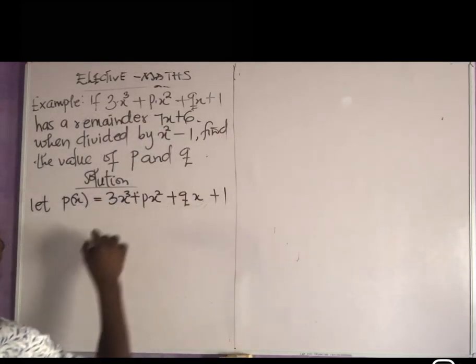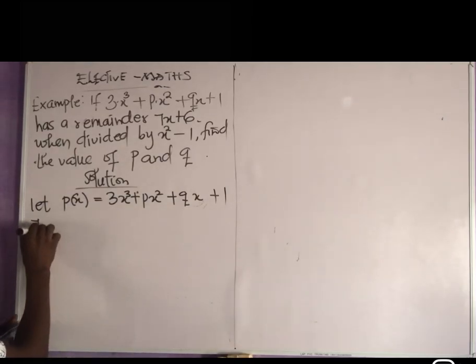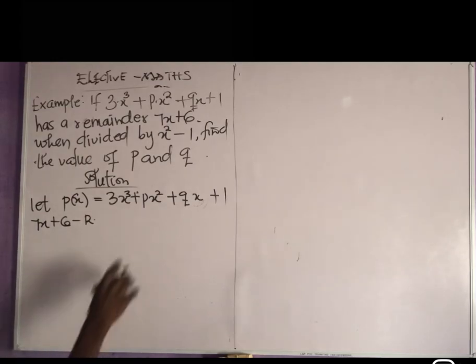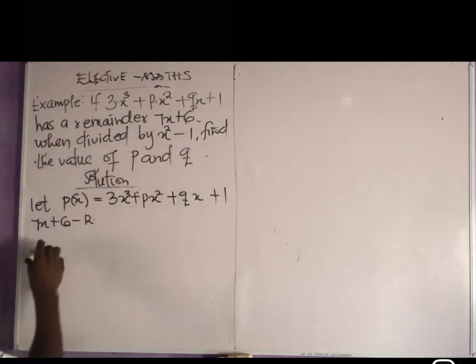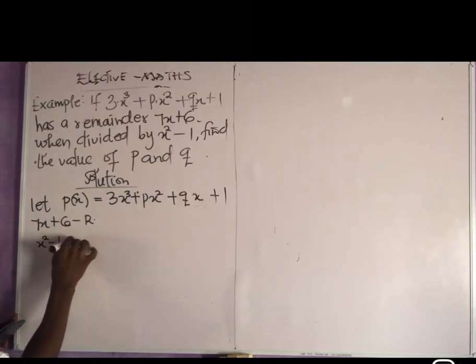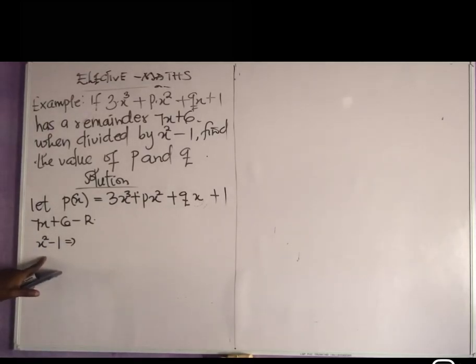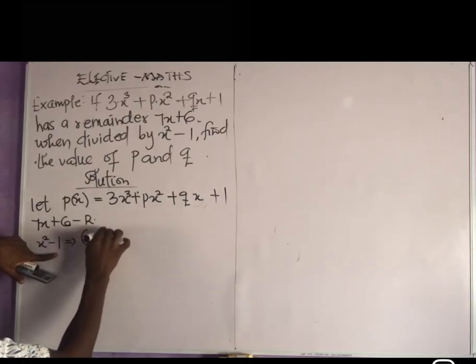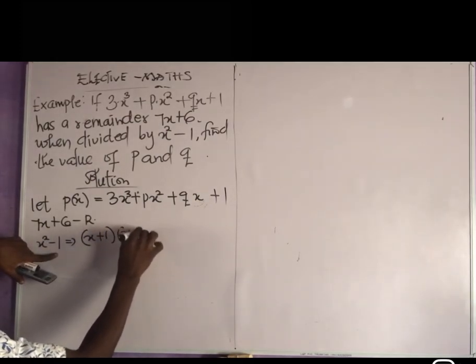Alright, now let's identify our remainder. This is our remainder, which is 7x plus 6. And our divisor is x squared minus 1. But you know, the x squared minus 1 here is a difference of two squares, so I can write it as x plus 1, x minus 1.